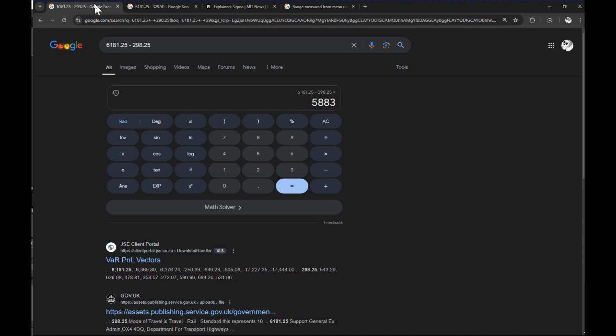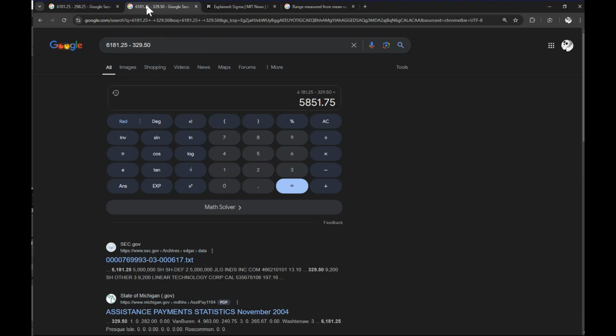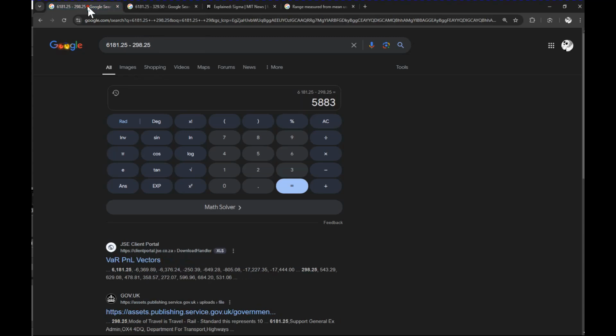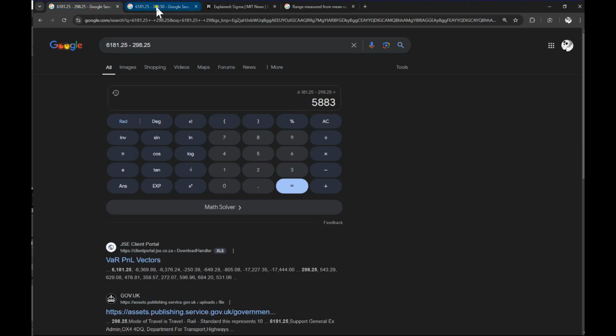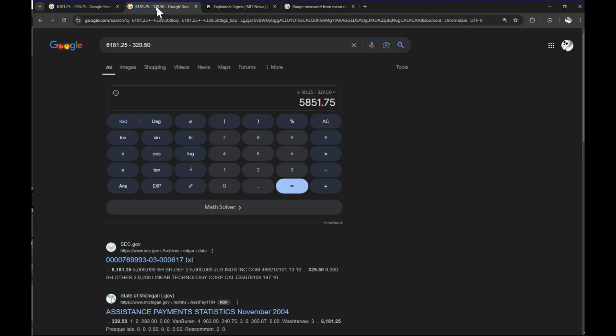If you measure the JATS PT range for the monthly level, how many trade days were in the month of December? 298.25 points. If you measure calendar days in December, the range expands to 329.50. So we can go from 298.25 points to 329.50 points, going from 58.83 to 58.51.